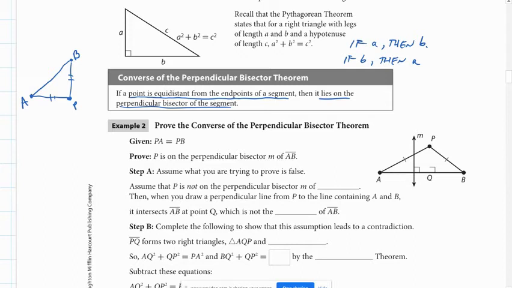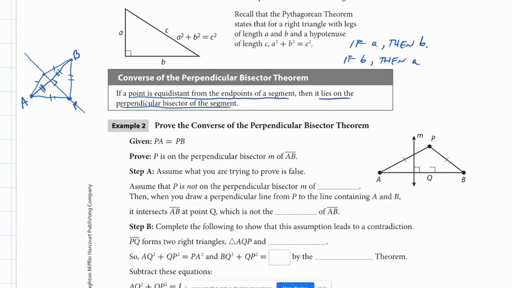And if you do it again, if you find another point that happens to be equidistant from the endpoints, that is on the perpendicular bisector also. So if you have two of those points, you can connect them, and that gives you your perpendicular bisector. Okay, and so that is perpendicular and cuts segment AB in half. All right, so that is the converse of the perpendicular bisector theorem.